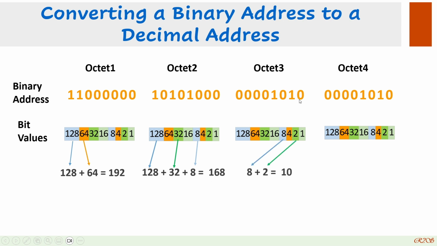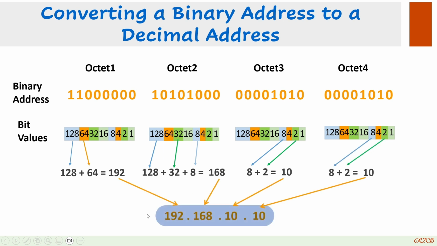Similarly for 1010, the first bit is 1 and the 4th bit is 1, so the 2 and the 8 give 10, and then 10. Now if we write it in dotted decimal, 192.168.10.10, the binary IP address is now converted to the decimal IP address.